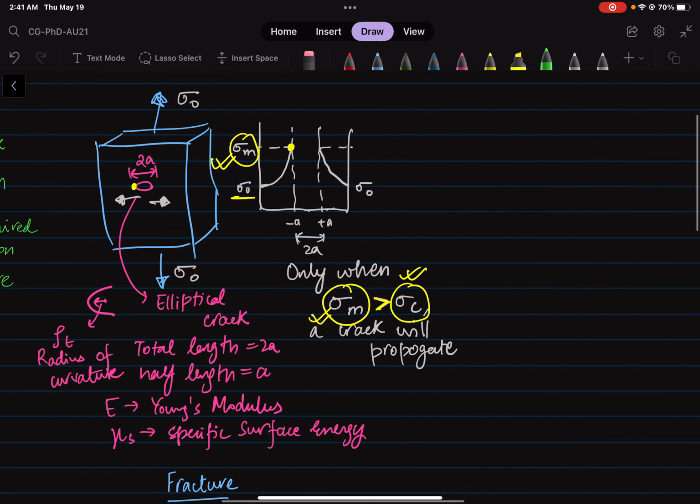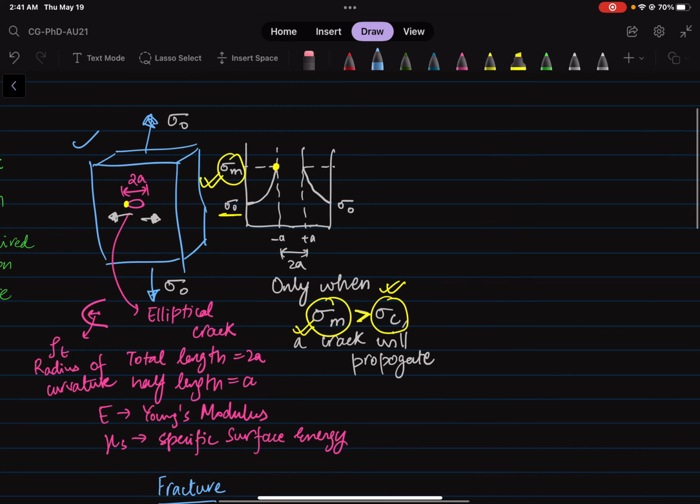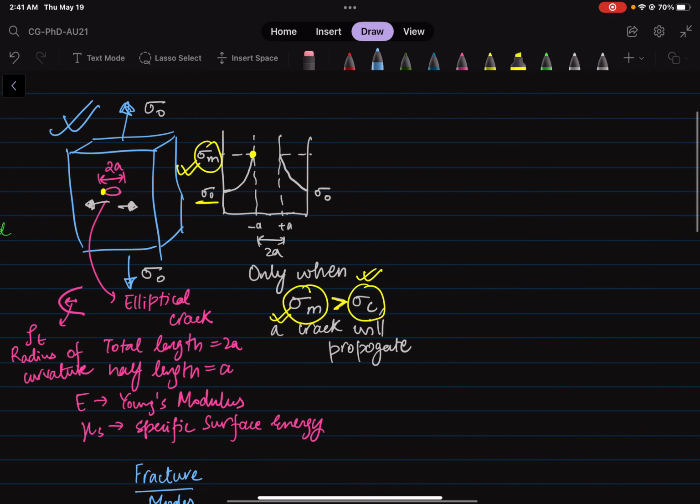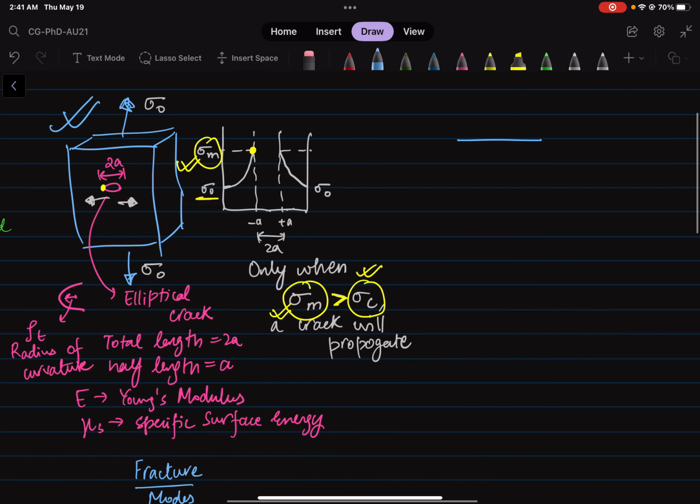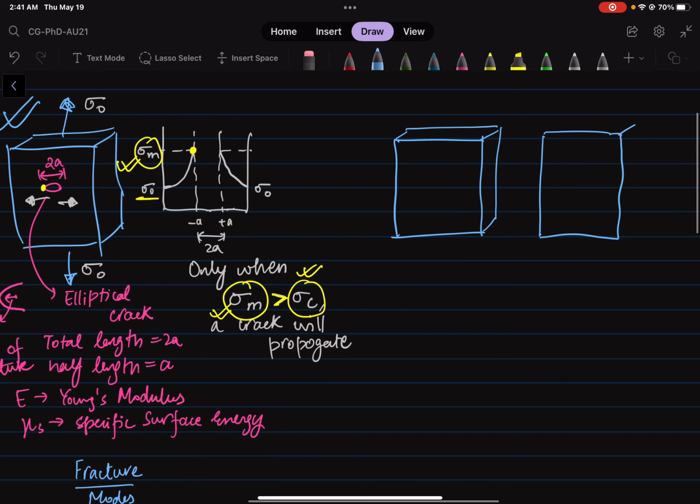So what happens is that we took this example on this side. Let's compare that with another system. I'll draw both of the systems. You have this example, and then let's draw another one. You imagine these two conditions.